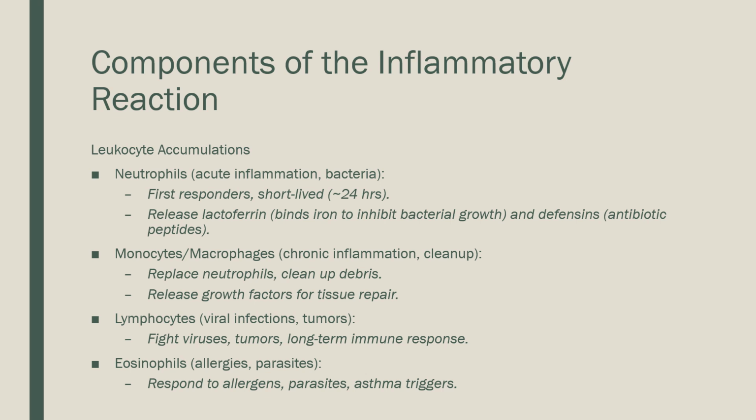Monocytes and macrophages are involved in chronic inflammation and cleanup. They replace neutrophils, clean up debris, and release growth factors for tissue repair. Lymphocytes are involved in viral infections and tumors. They fight viruses, tumors, and provide long-term immune response. Eosinophils are involved in allergic responses and parasites.